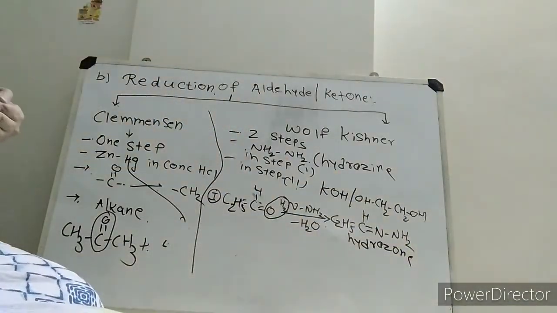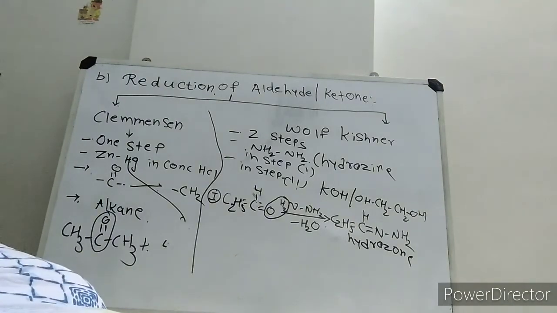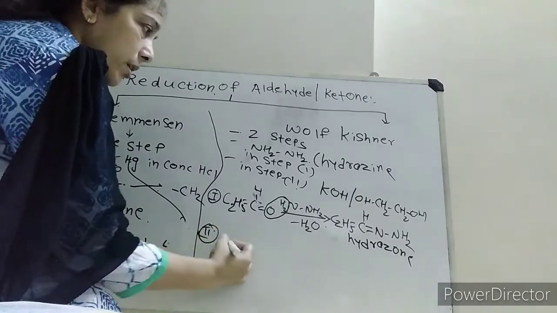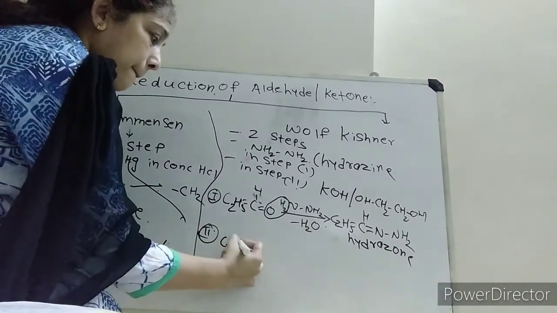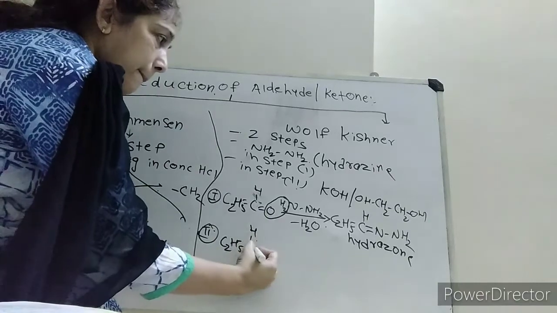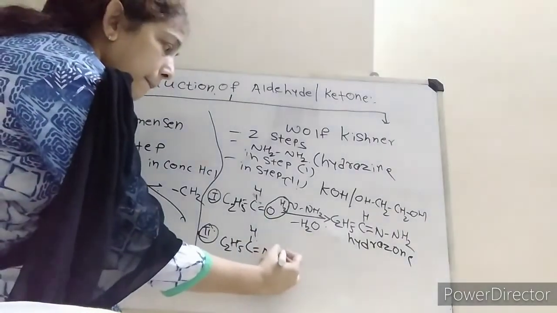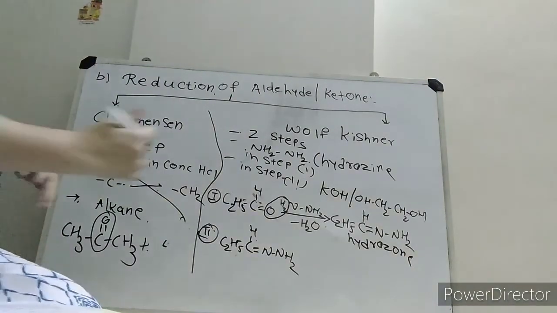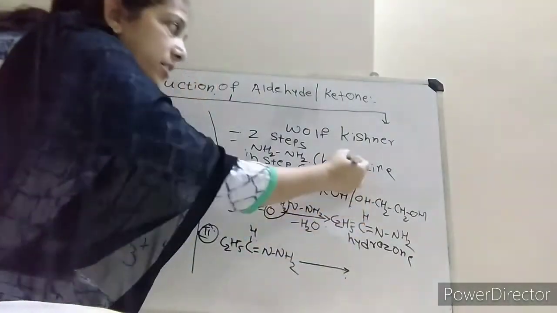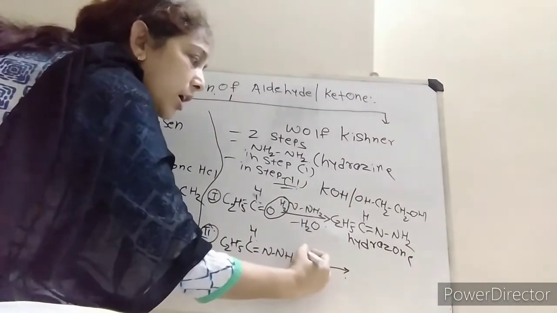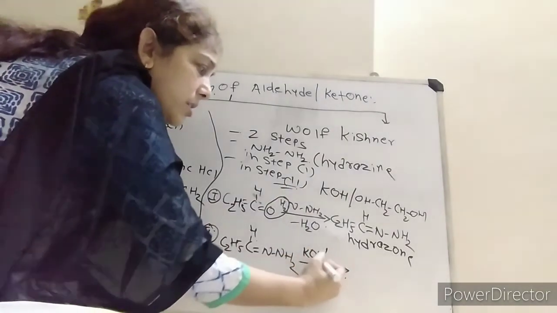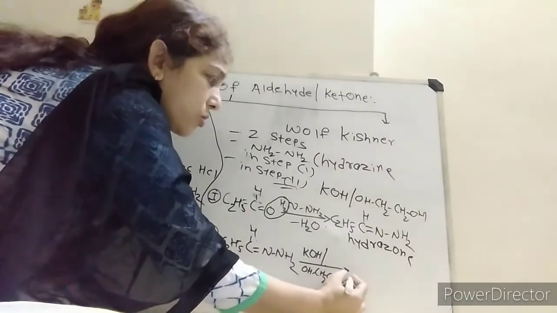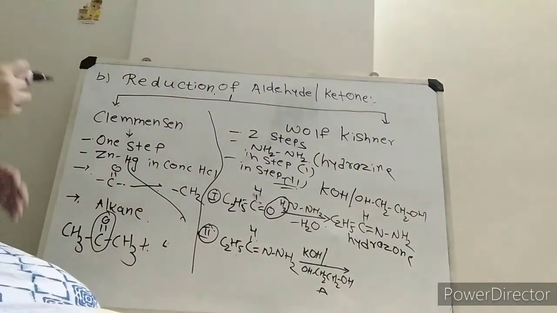Now in step number 2, as I said earlier, we have to use KOH plus HOCH2CH2OH, with heating.